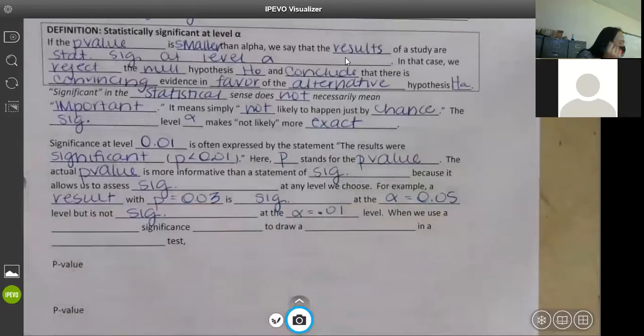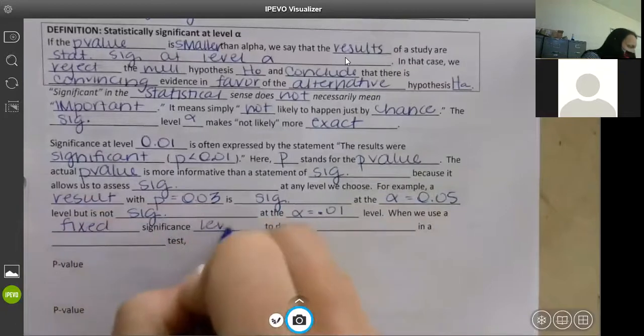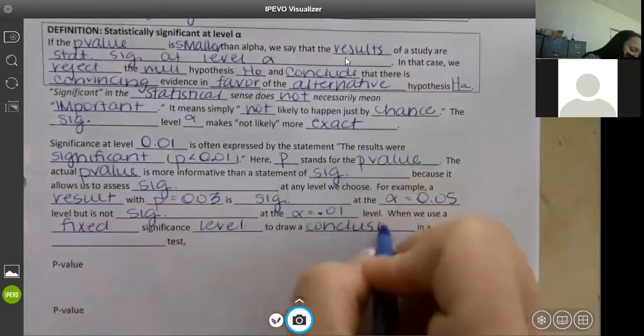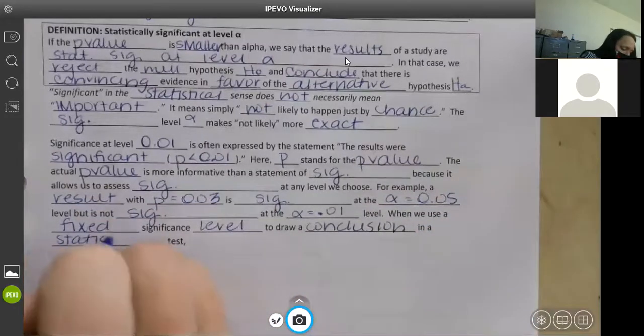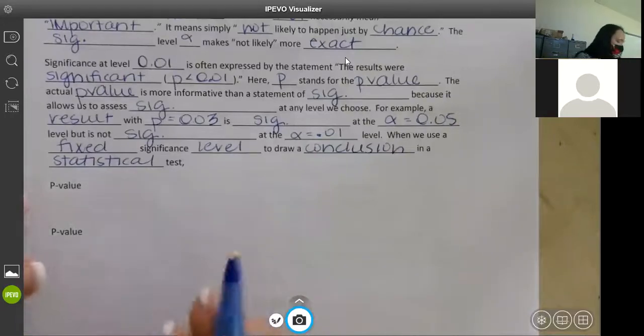When we use a fixed significance level to draw a conclusion in a statistical test, this is what's going to happen. So this is basically the same thing that we had just a second ago. So it's the same little chart that I wrote out, the little flow chart.